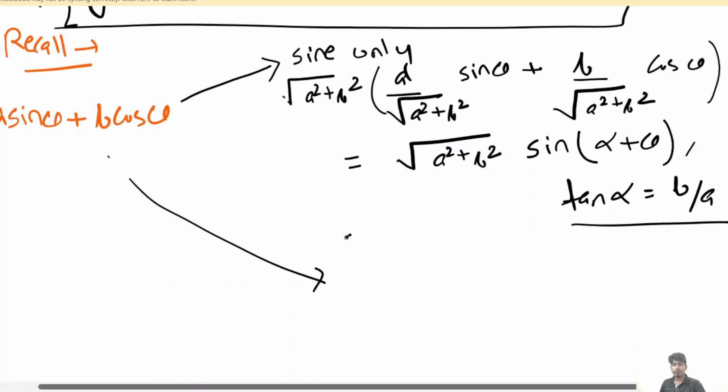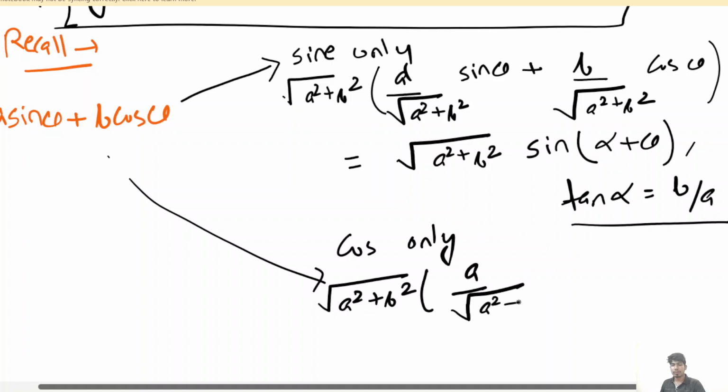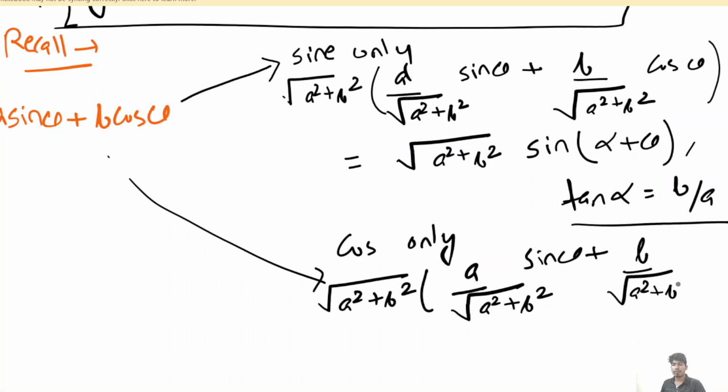Then in cos only, this becomes under the root of a square plus b square times a upon under the root of a square plus b square sine theta plus b upon under the root of a square plus b square cos theta.